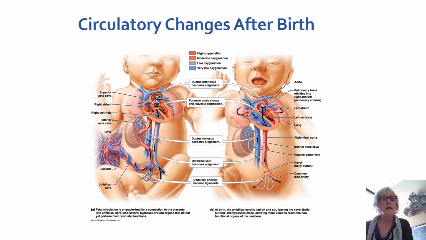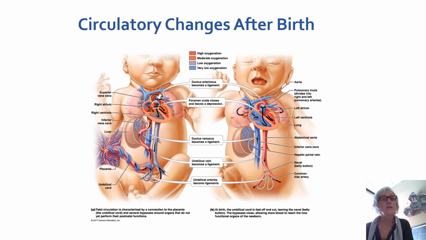Any blood that moves into the right ventricle would, as the baby's heart beats, get pushed into the pulmonary artery. However, there is a second pathway that can divert blood away from the lungs, and that is in the form of the ductus arteriosus.